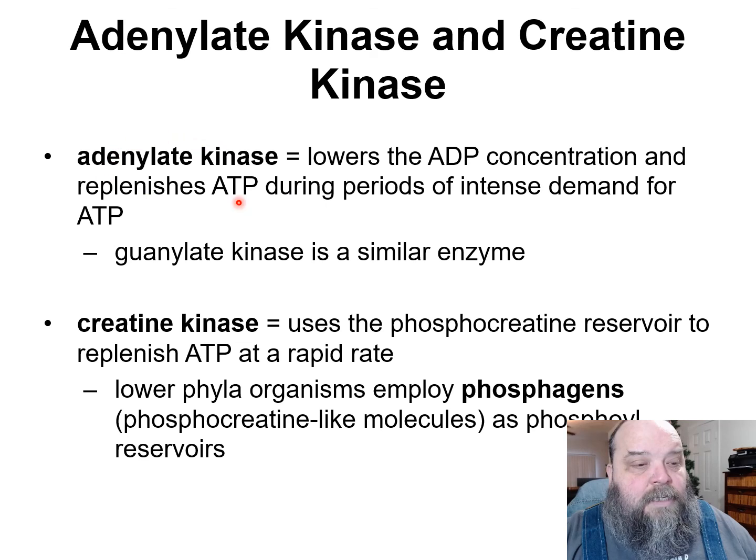So you'll have things like the adenylate kinase. For some reason your cells are under demand, and your ATP levels are diminishing, your ADP levels are increasing, and your mitochondria just can't keep up. You'll have things like adenylate kinases that will take inorganic phosphates and add them directly to ADP to make ATP.